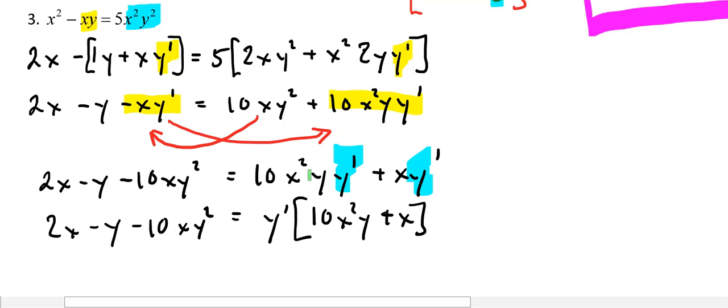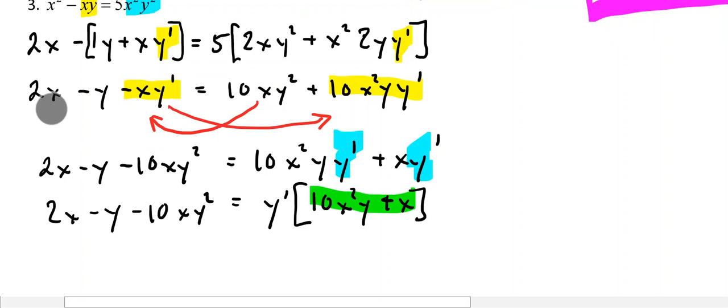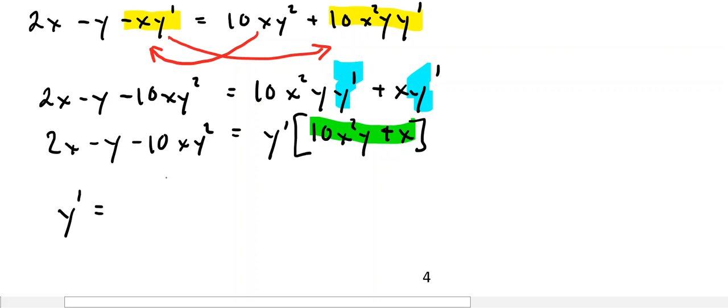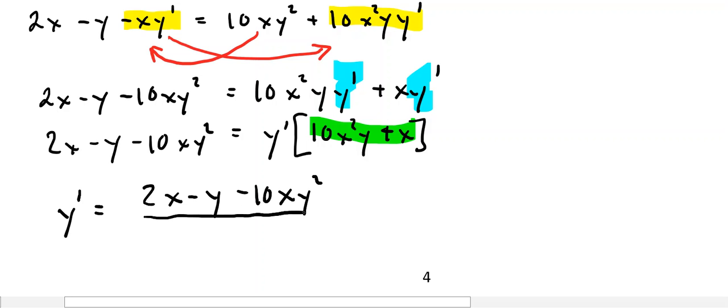So my final answer should look something like this. And I'm going to put the y prime over on the left-hand side. So we're going to have 2x minus y minus 10xy squared all over 10x squared y plus x. And that is my derivative.